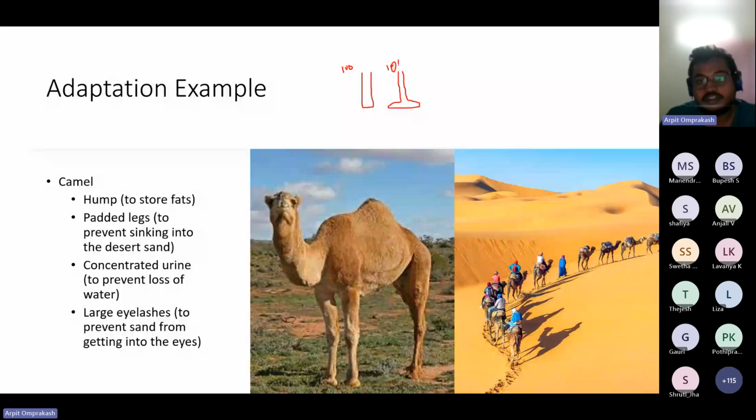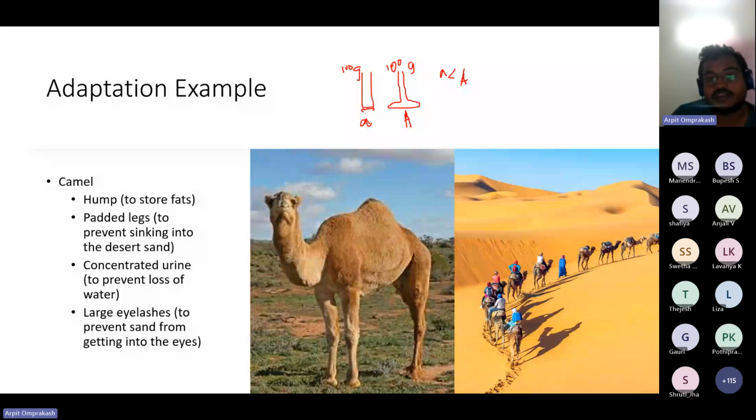And let's say the area of this kind of foot is small a, and the area of the padded foot is bigger, capital A, so small a is less than capital A. The force exerted by the camel on both of these different kinds of legs would be 100 g, that is 100 into the gravitation constant, 9.8 meters per second squared. So this is the same amount of force being put on both legs.